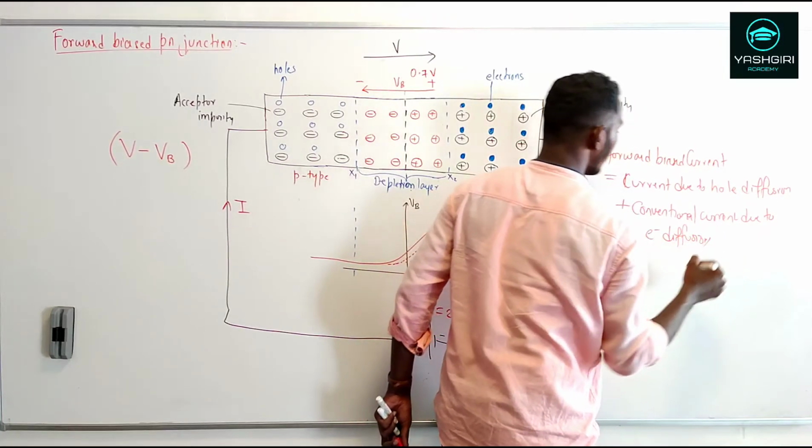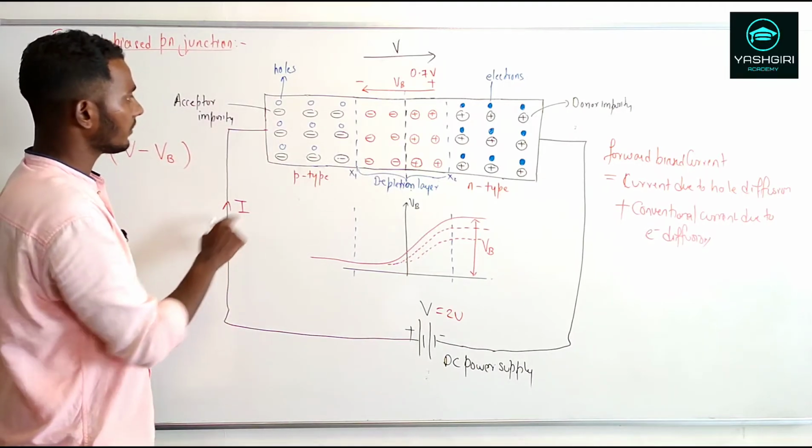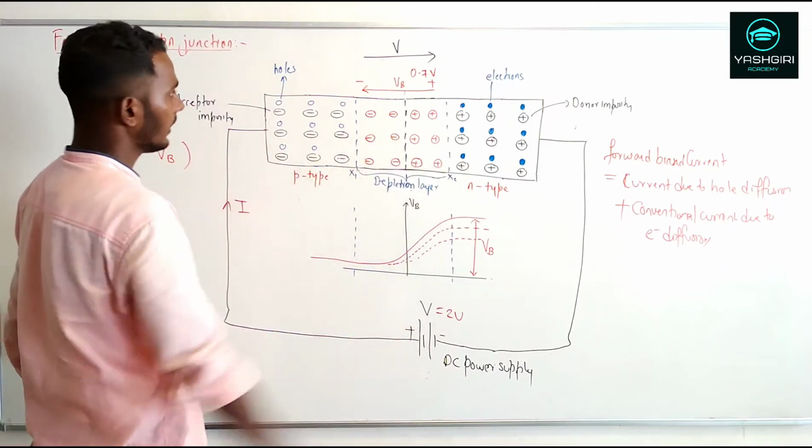We take the conventional direction of the current because we consider the hole to be a positive charge. So this is the direction that we will be getting.